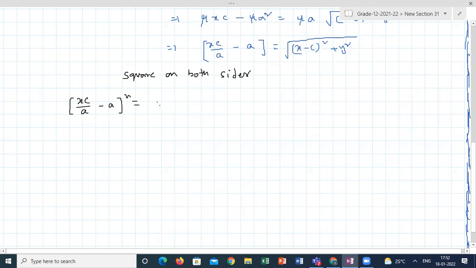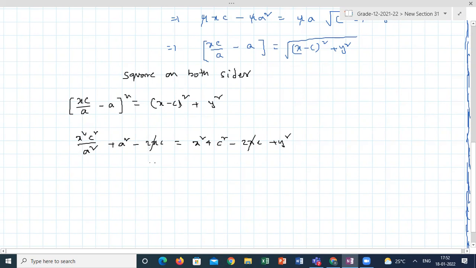And this side, x minus c whole square plus y square. Sir, x square c square upon a square plus a square minus 2xc, equals x square plus c square minus 2xc plus y square. So minus 2xc gets cancelled.